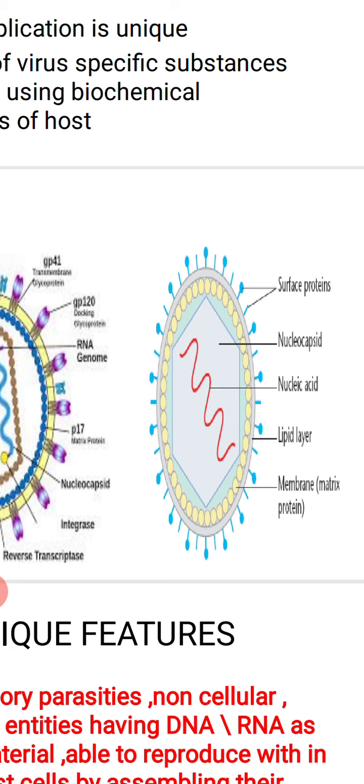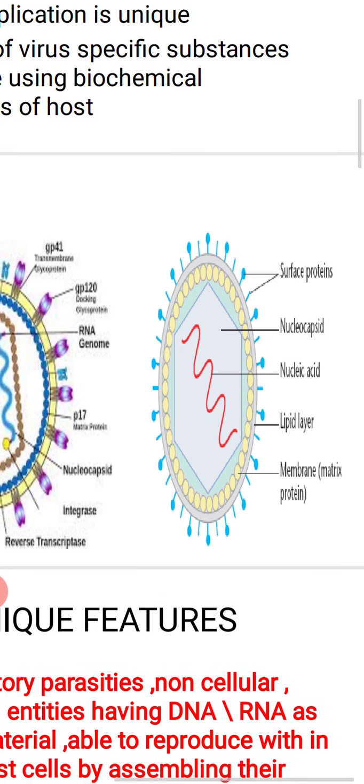The protein coat of a virus particle is called the capsid, and the capsid gives shape to the virus. Generally, the capsid is subdivided into individual protein subunits called capsomeres, and a capsid with its enclosed genome is referred to as a nucleocapsid. You can see it there.